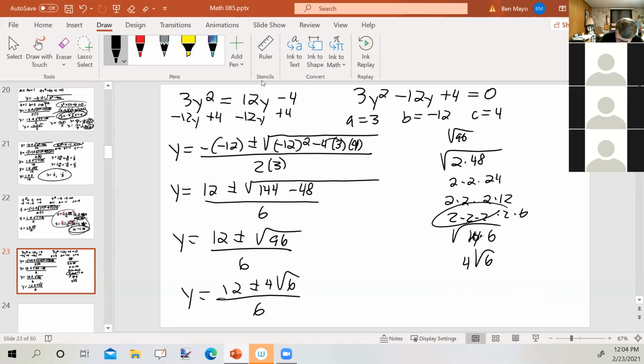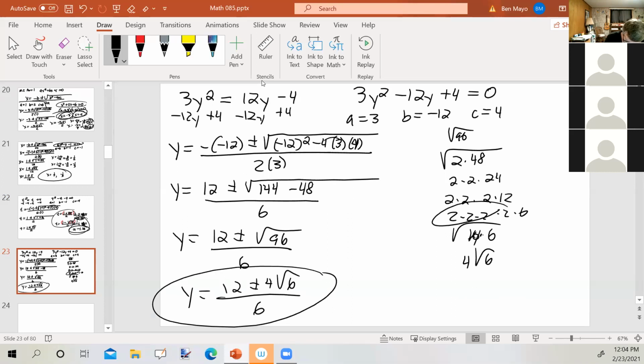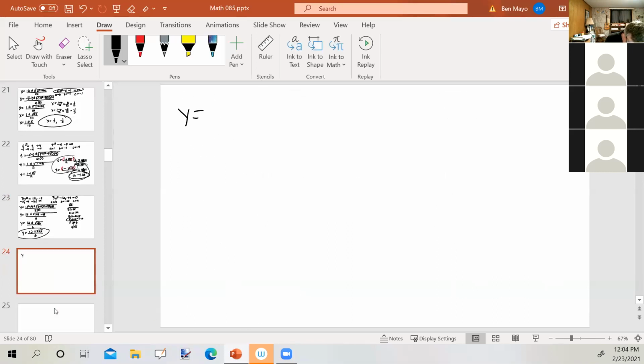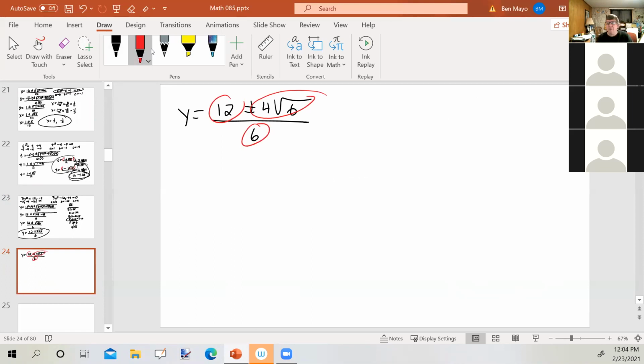All right, once again, I'm going to want more room, so I'm going to take that whole mess and copy it on the next page. y equals 12 plus or minus 4 square roots of 6 all over 6. Looking at this term and this term, they're all even, so I could take a factor of 2 out.